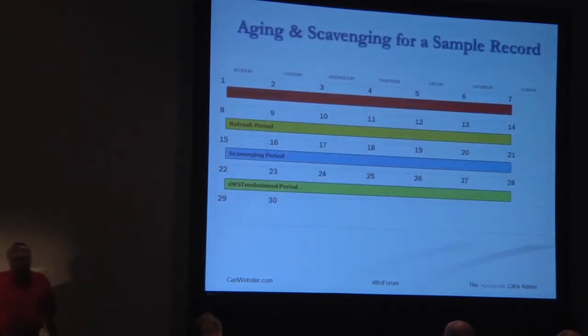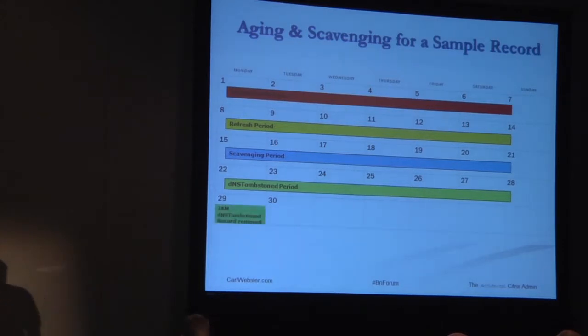So now we have our DNS tombstone period, which by default is 7 days and can be changed by a registry key. So now once that record has been tombstoned, it's going to sit there for that 7 days. And then finally, the only thing that is not configurable in this entire process, at 2 a.m. the morning after our 7-day tombstone period, a process is going to run that's going to go out there and say, all the records that have been tombstoned past the 7-day mark, you are now out of here.